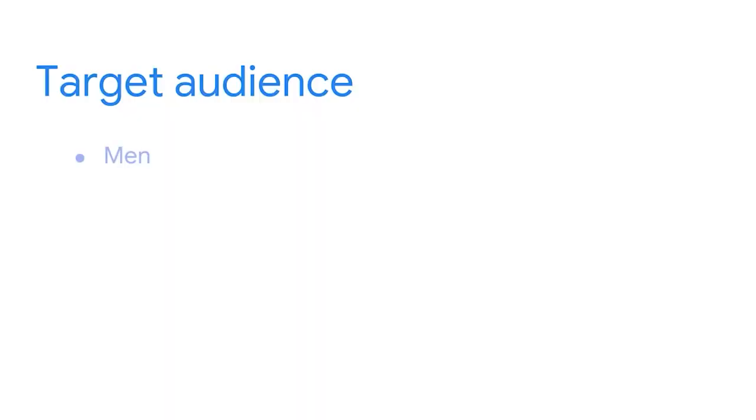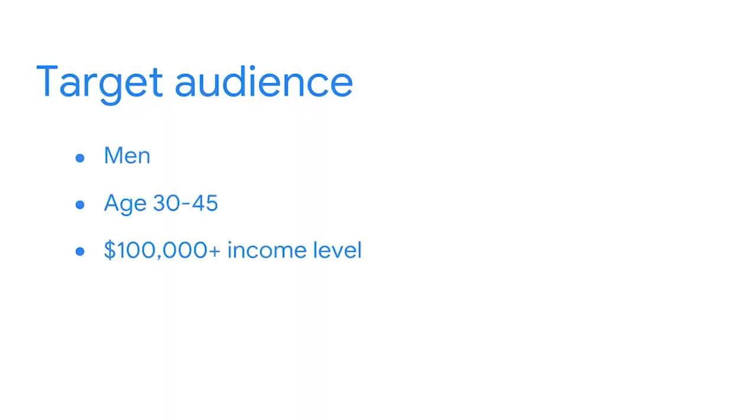For example, let's say a retailer that sells affordable custom suits defines their target audience as men between the ages of 30 and 45. This narrows their customer base somewhat, but it's still pretty broad. What if the retailer did more research and discovered that their customers were men between the ages of 30 and 45 with incomes of $100,000 or more who have advanced degrees?